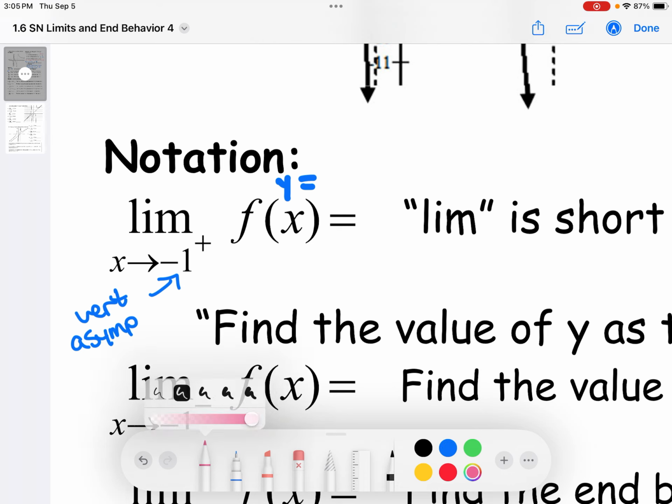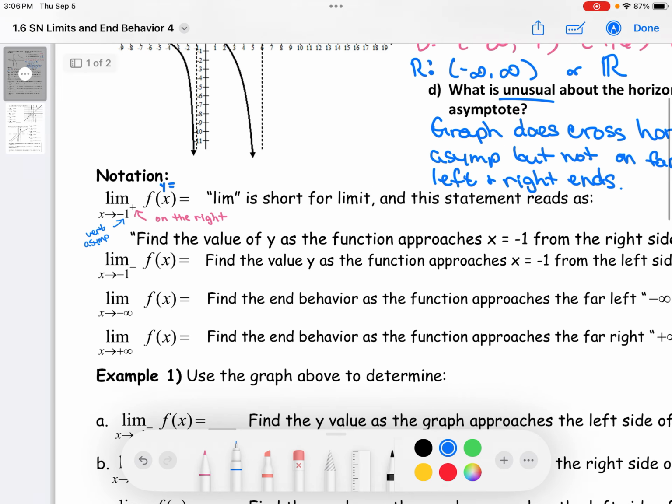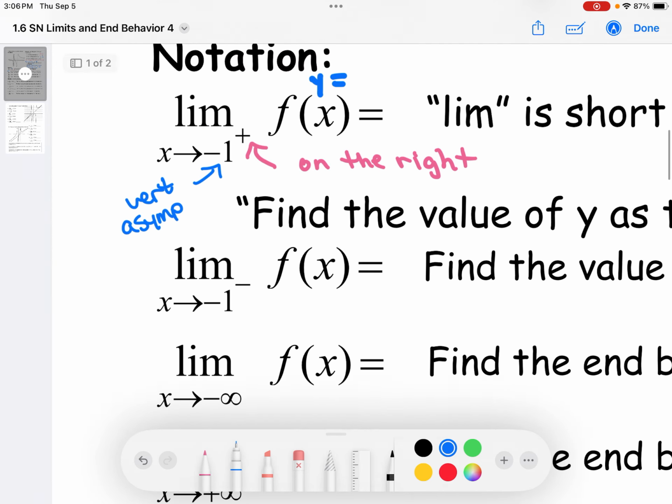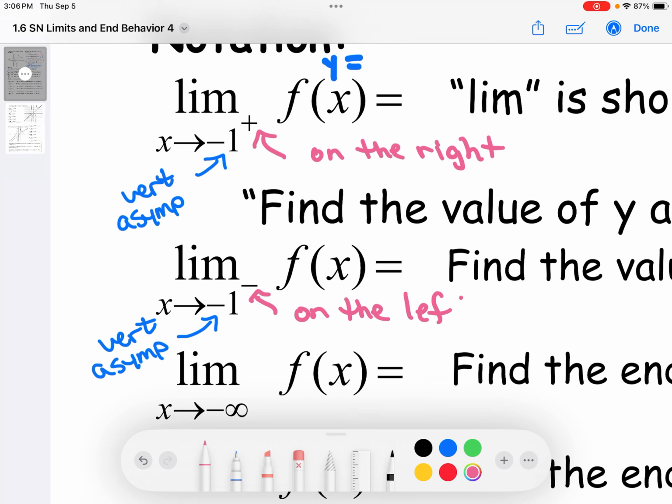The plus here means on the positive side, so on the right. If that were a negative, it would be on the left. So the limit as x approaches -1, again, the second one, that -1 is a vertical asymptote, and that negative here means on the left.